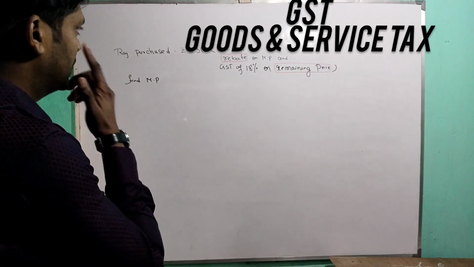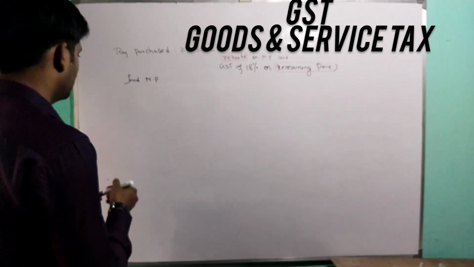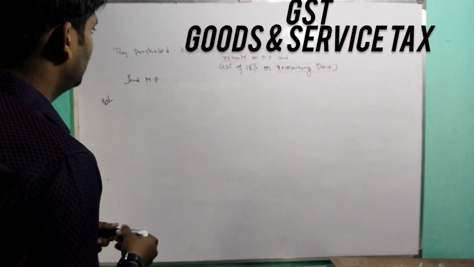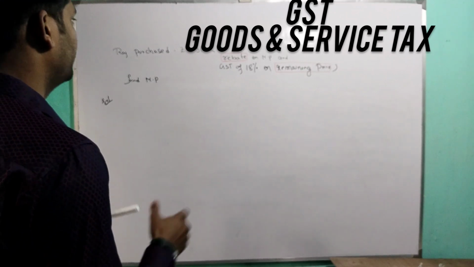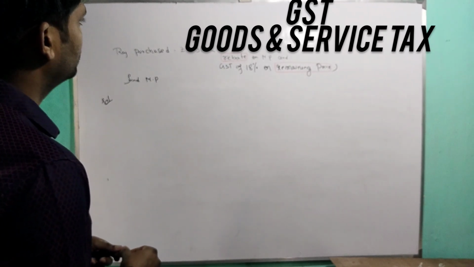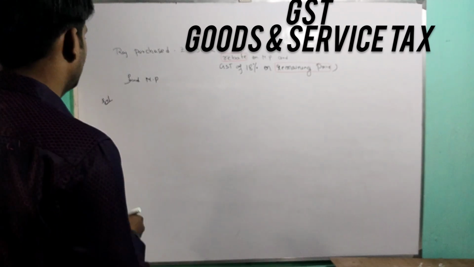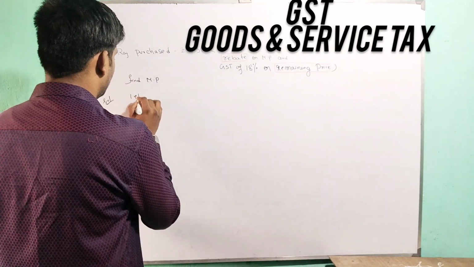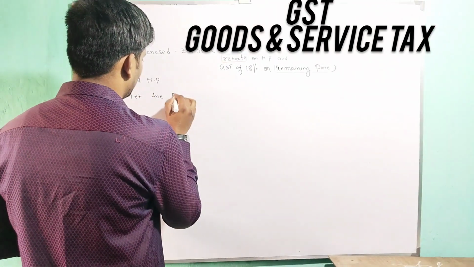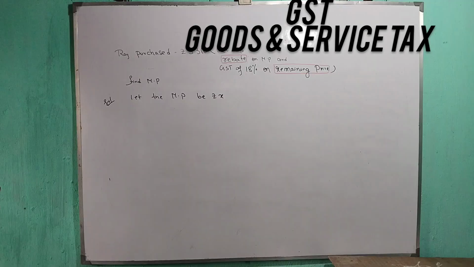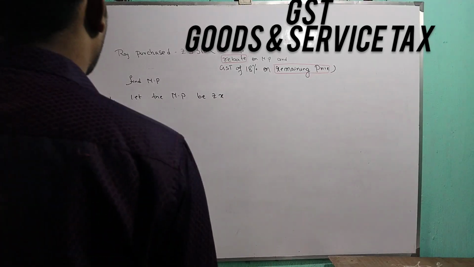According to the old process only we'll do. In your book they did something else, but we will not go that method. We'll follow a simple process. First, assume the mark price is X. Let the mark price be rupees X. After that, what will you find out?